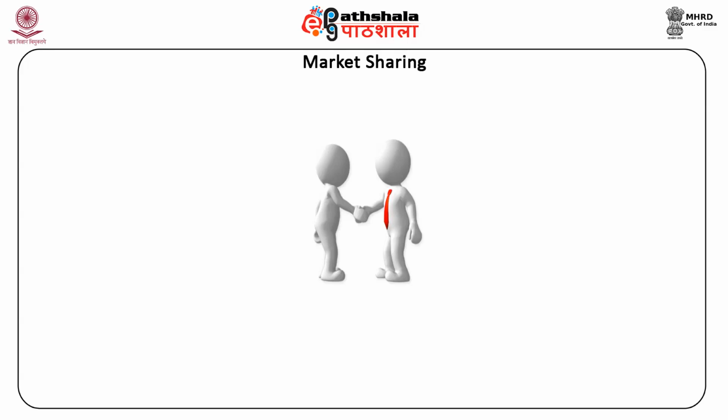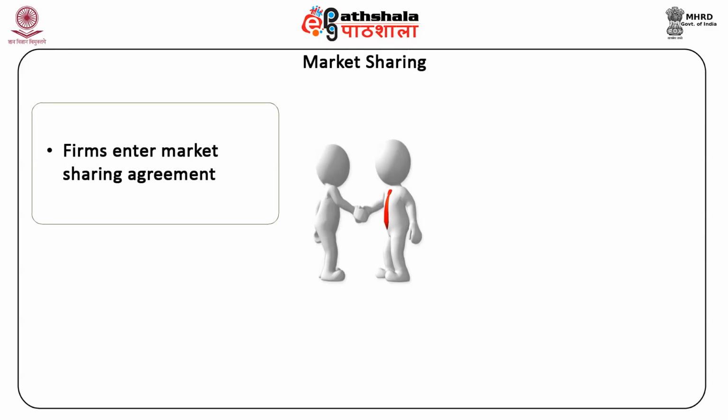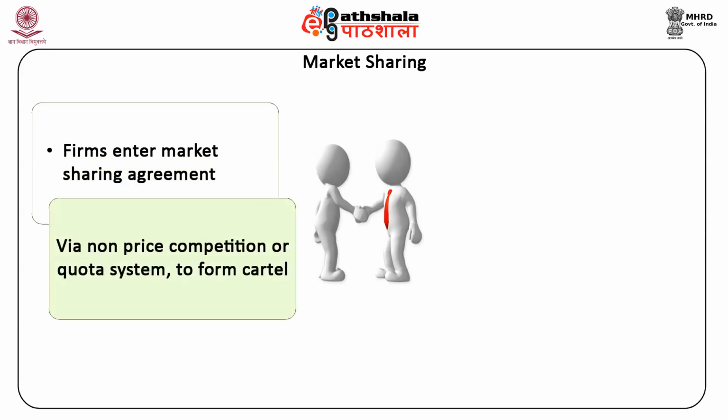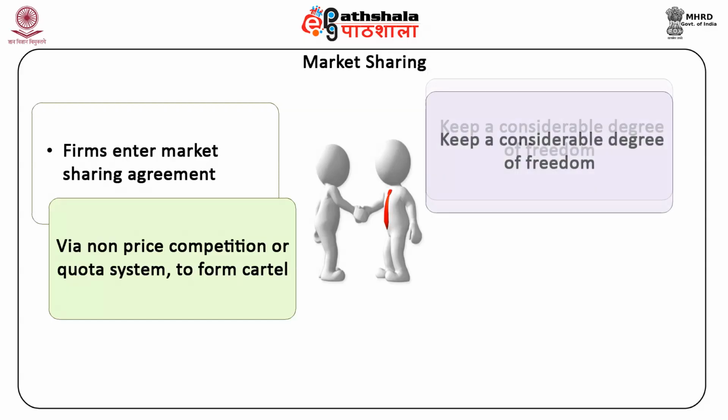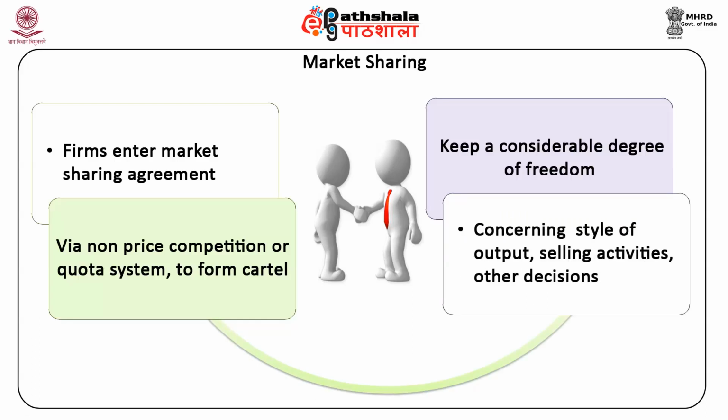However, another type of perfect collusion in an oligopolistic market relates to market sharing by the member firms of the cartel. Under this, the firms enter into a market sharing agreement either through non-price competition or through a quota system to form a cartel, but keep a considerable degree of freedom concerning the style of their output, their selling activities and other decisions.